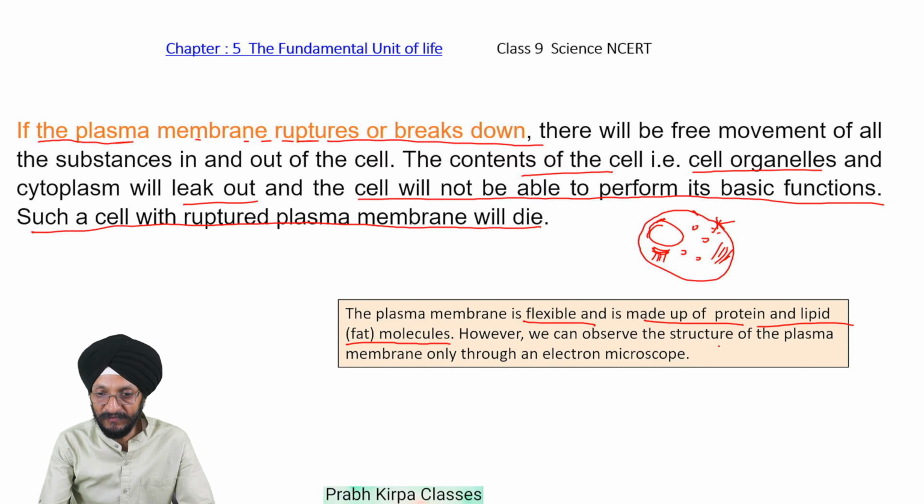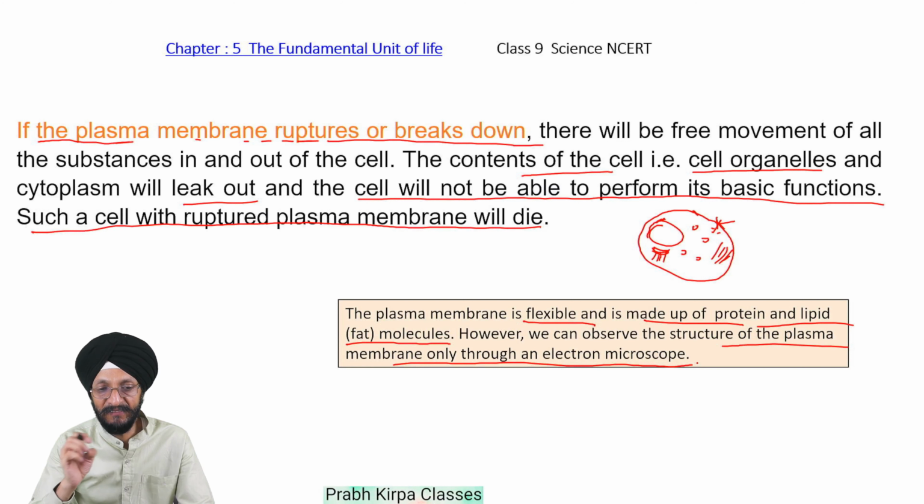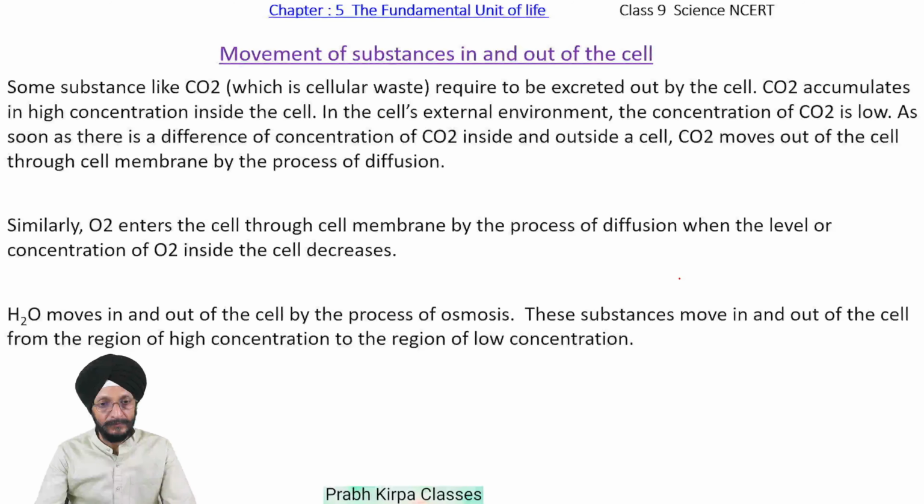We can observe the structure of plasma membrane only through an electron microscope. So, two important questions we have discussed in relation to plasma membrane: what happens if plasma membrane ruptures or breaks down, and why plasma membrane is known as a selectively permeable membrane.